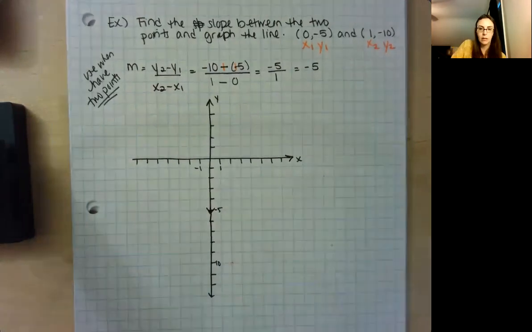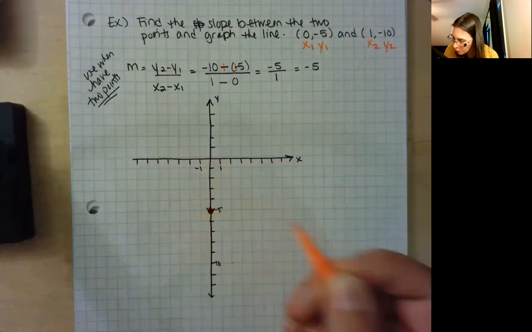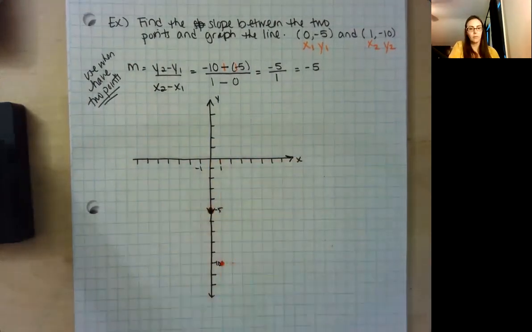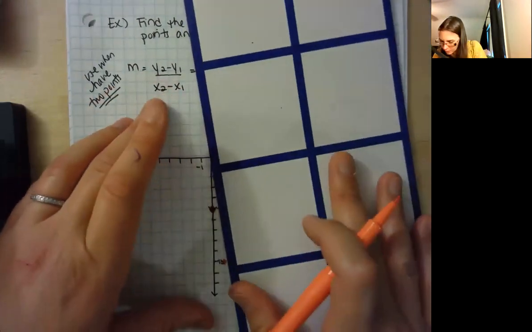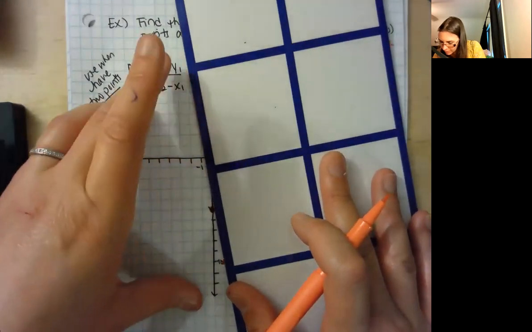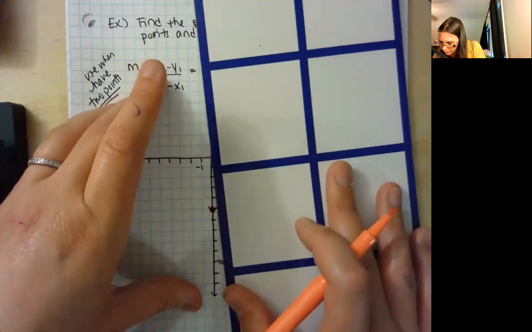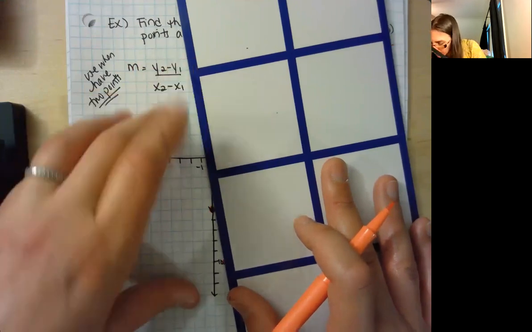So let's graph our points here. So I have 0, -5, which is right here. And then I have 1, -10, which is right here. And I'm going to do my best to try to line up these points here. They're a little hard to get here. This does not seem right. I think my scaling is off.